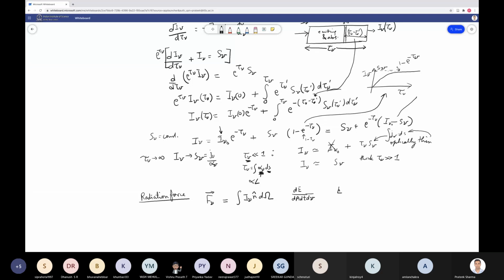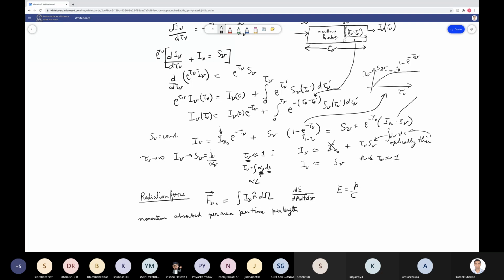We also know that the energy of a photon and the momentum of the photon are related like this. So we can calculate the momentum absorbed per unit area, per unit time, and per unit length ds.